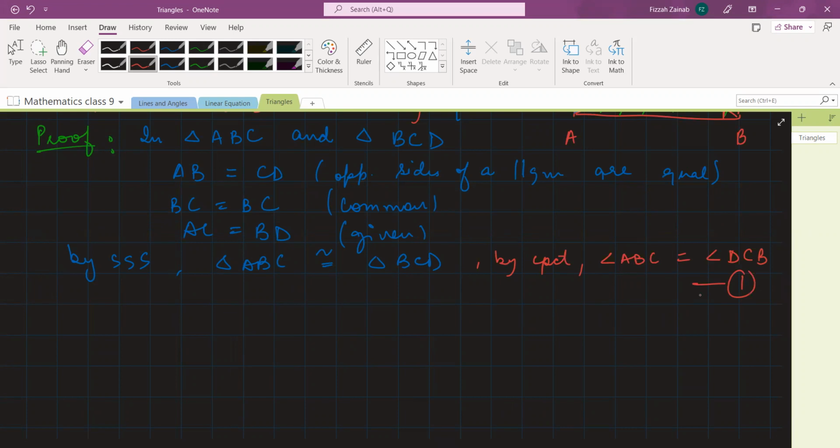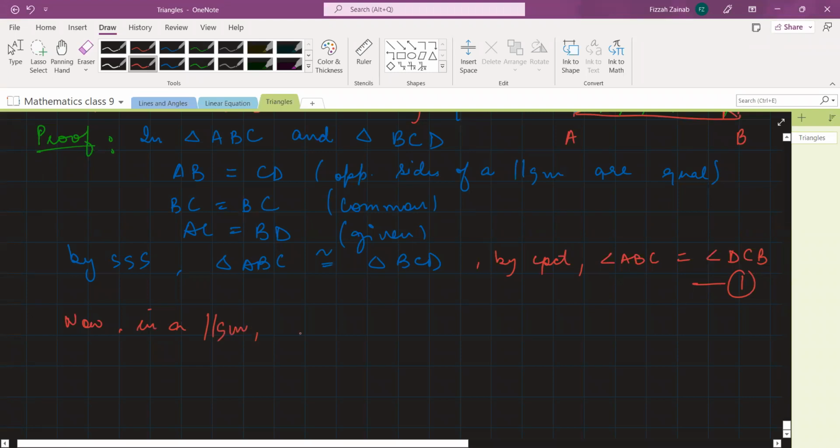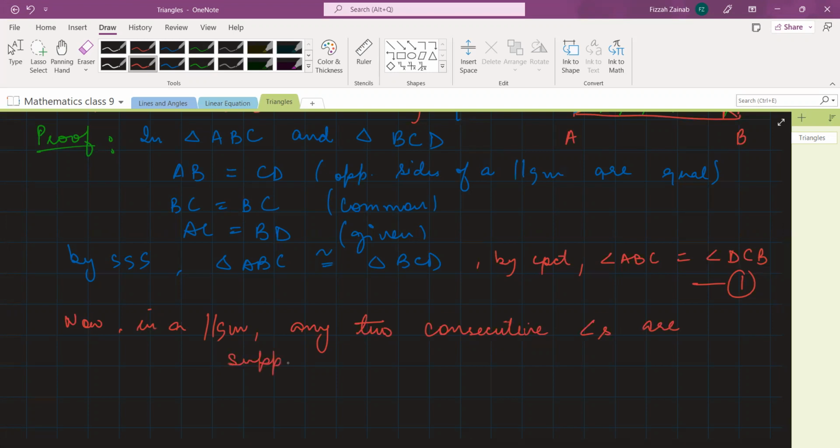Okay. Now in a parallelogram, we know that any two consecutive angles are supplementary, right? In a parallelogram, any two consecutive angles are supplementary.